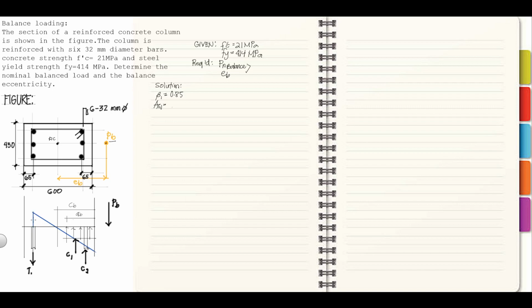Tuloy natin. As you can see here, AS1. Ang AS1 natin will be yung area ng steel sa tension side. So itong side na to. As you can see here, itong side na to will be under compression.